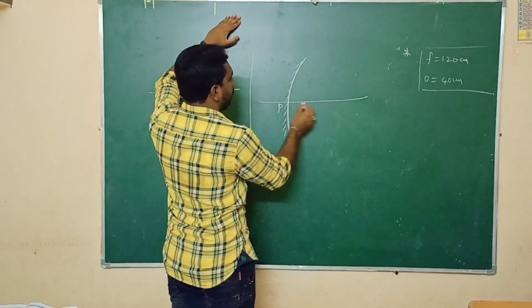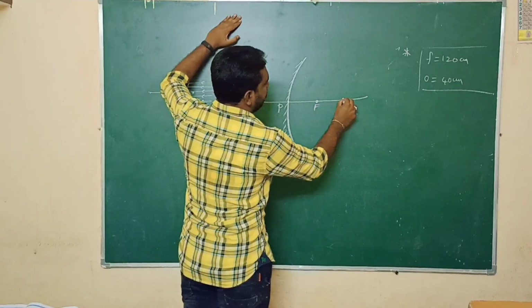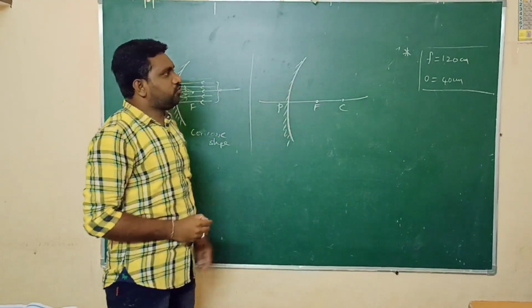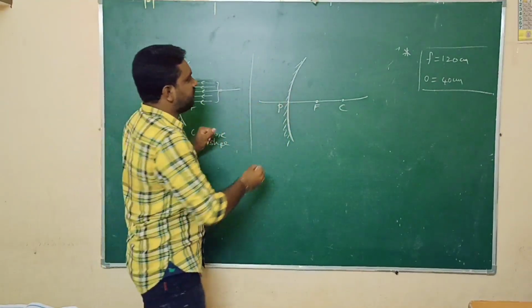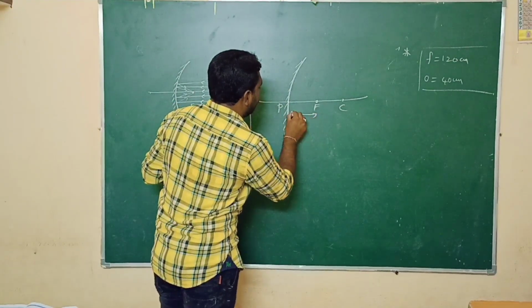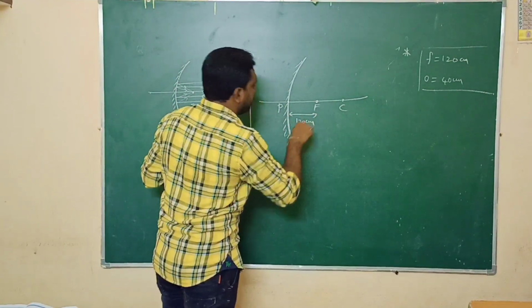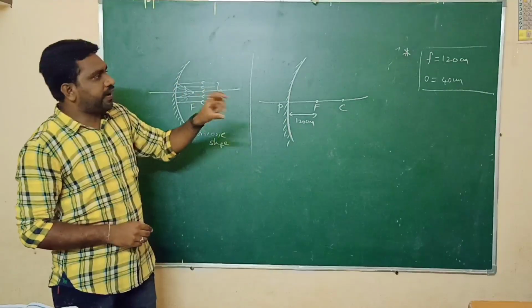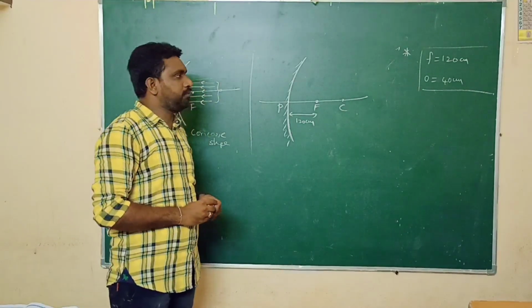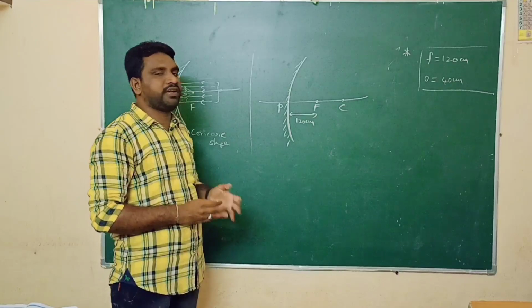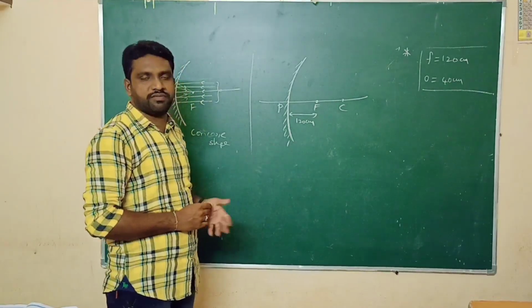This one is the pole, the focus and the center of curvature. According to the question, the focal length of the concave mirror is 120 centimeters. Whenever you find this kind of question in your annual question paper, first of all you should draw the diagram, then you will get 100% clarity. You will get the answer very easily.